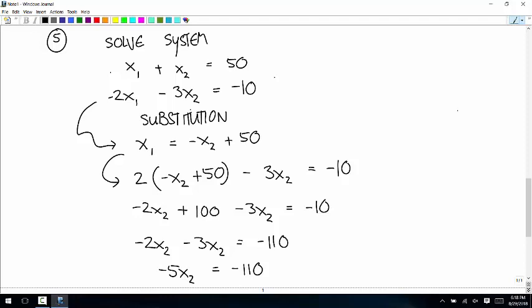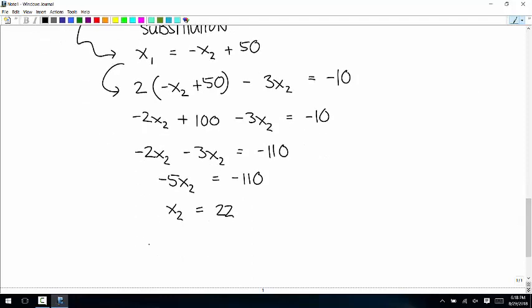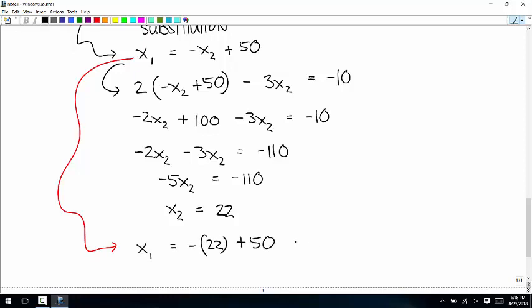I'll use this one right here. So x1 is equal to negative 22 plus 50. So that's equal to 28.